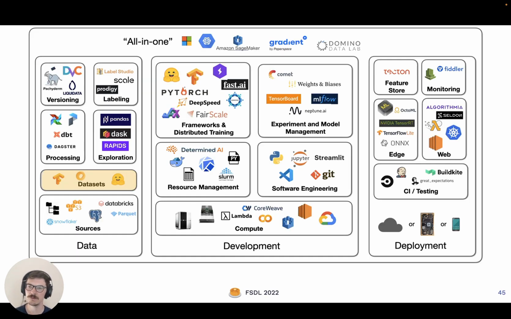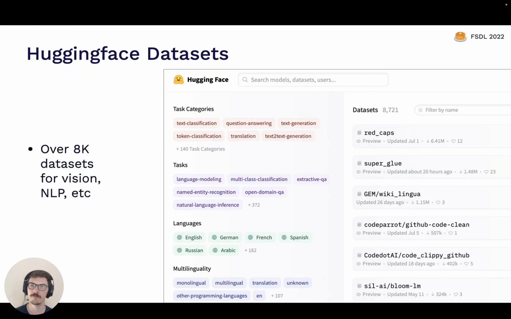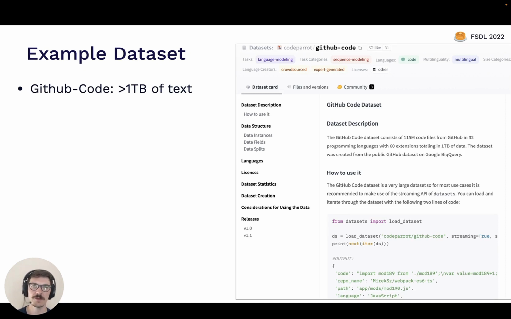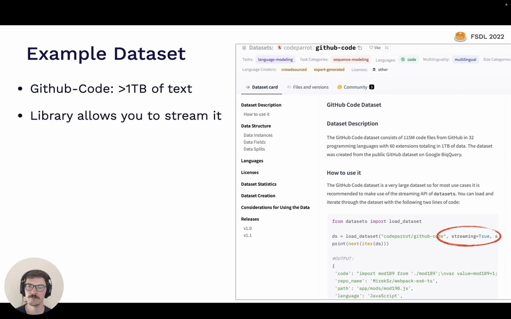So what about specifically datasets for machine learning training? Hugging Face Datasets is a great hub of data. There's over 8,000 datasets for vision, NLP, speech, etc. So I wanted to take a look at a few example datasets. Here's one called GitHub Code. It's over a terabyte of text, 115 million code files.